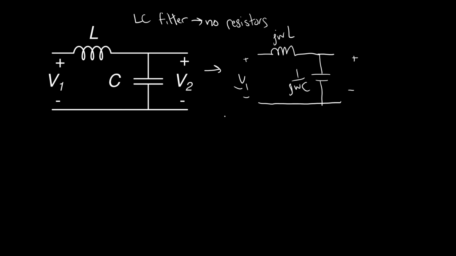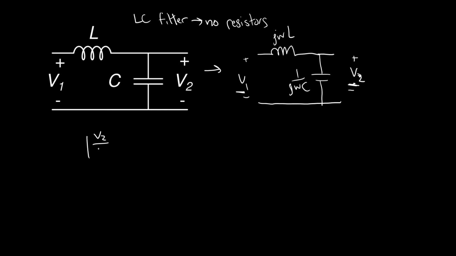J omega L is the frequency-dependent impedance of an inductor, and 1 over j omega C is the frequency-dependent impedance of a capacitor. And we want to relate the amplitude, or the magnitude of the input phasor, which I'll denote with a little line underneath V, to the output phasor, V2.